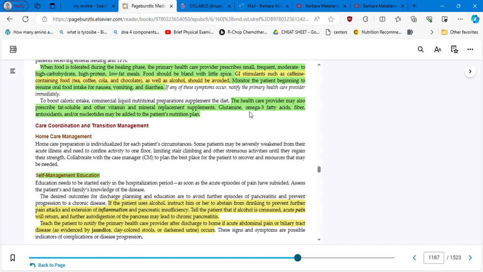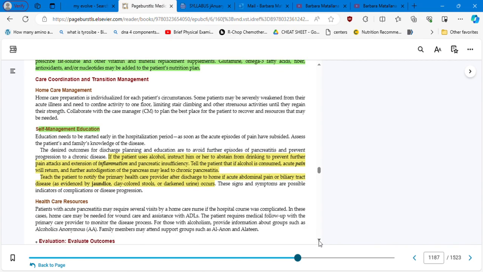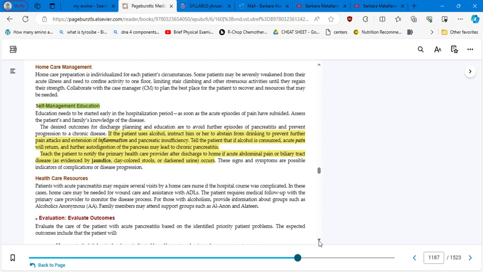If the patient is going to get omega-3, make sure that you assess the bleeding status, okay? Because some of these supplements can cause or increase bleeding, so make sure the patient is not bleeding.